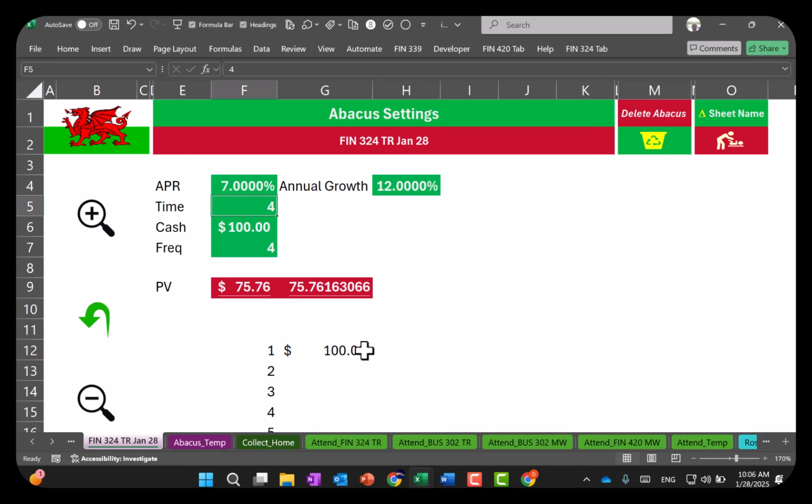So this is an example where the growth rate is actually greater than the interest rates. And I'm going to calculate period growth here. 1 plus the annual growth raised to the power 1 over I freak minus 1.